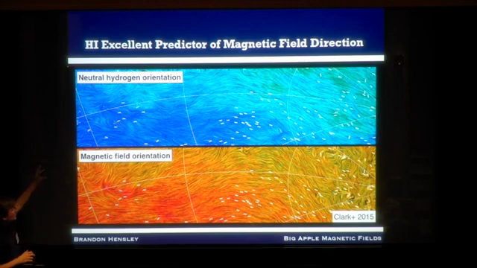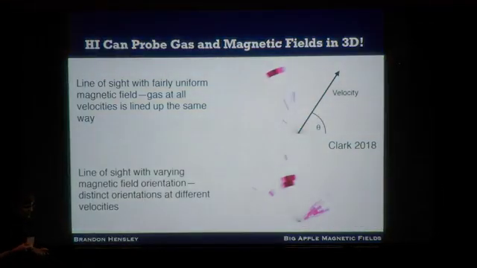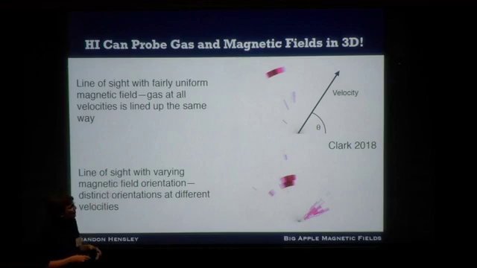And as Susan showed earlier in her slides, the hydrogen orientation, so these linear filaments, do a very excellent job at tracing the magnetic field, the dust polarization angles that we see with Planck. However, you can also think about doing that channel by channel. So this is Susan's paper from last year, where these are plots now of H1 velocity on the radial axis, and then the actual orientation angle plotted as an angle.